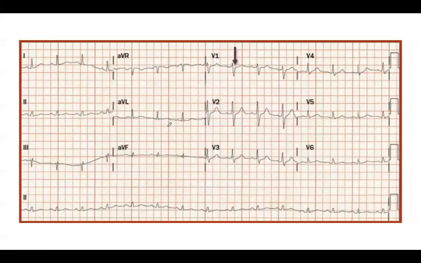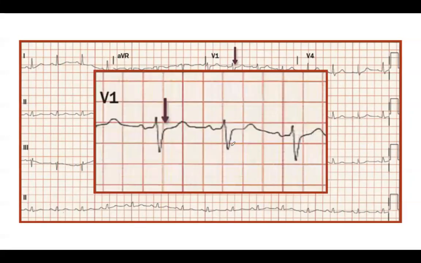You give adenosine, it stops, and then you look back at V1. You see the hump that was here went away, right? So retrospectively, you know that hump in that QRS was a P wave. So then indeed the patient had short RP SVT. Okay, guys?